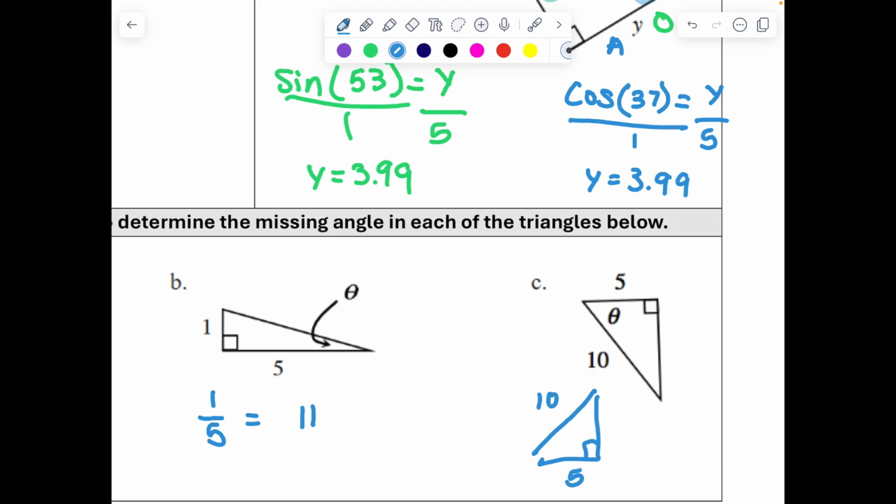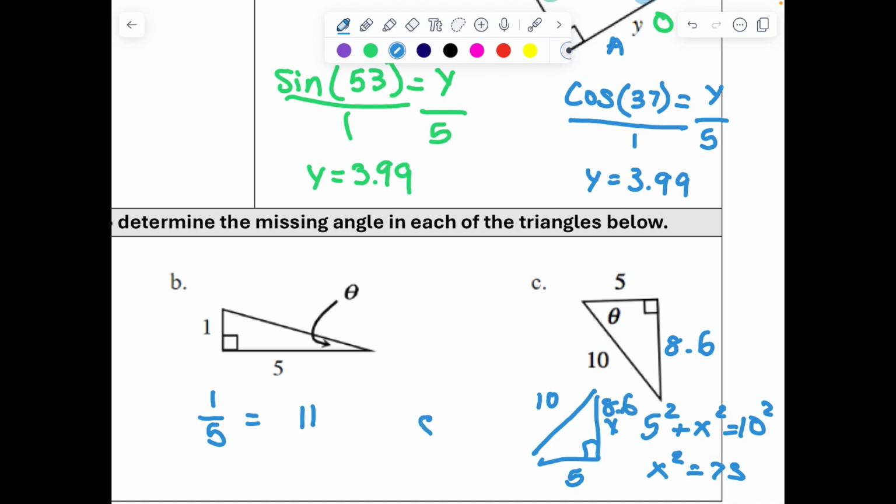Okay, we don't have the change in y here, but we could find it by doing Pythagorean theorem. 5 squared plus x squared equals 10 squared. So x squared equals 75. So our missing side is 8.6.